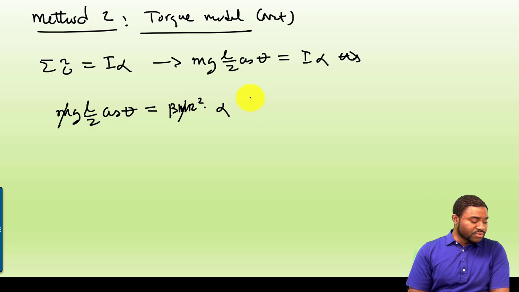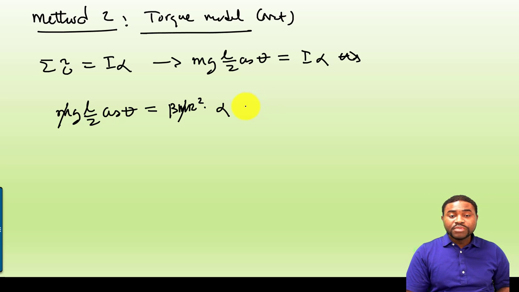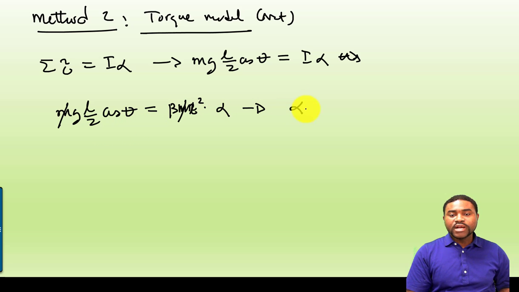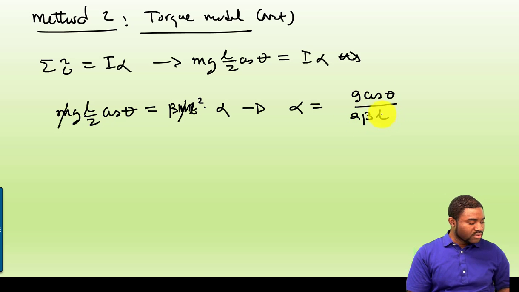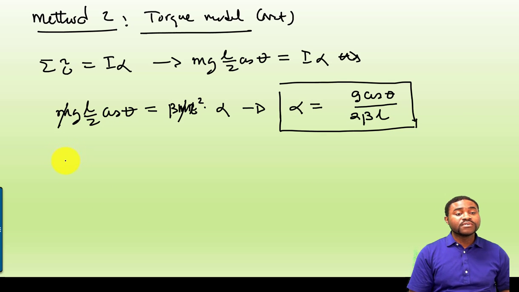And what do we know? This would be L squared, not R squared. This would mean that alpha is equal to g cosine theta divided by 2 beta L. Am I correct?